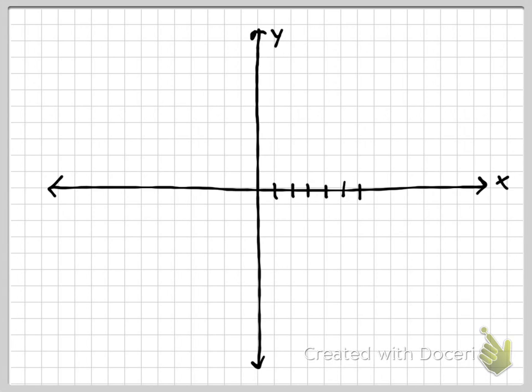I just don't have enough room on the vertical for me to do that. But we're going to go to 6, up, down, right, left. Make sure you label at least every other number.